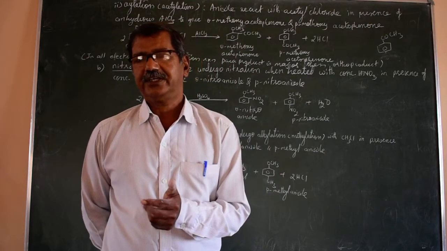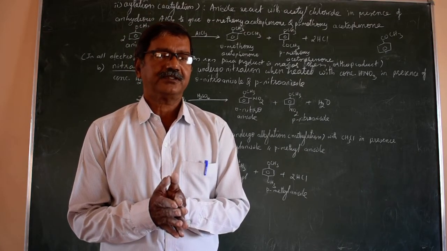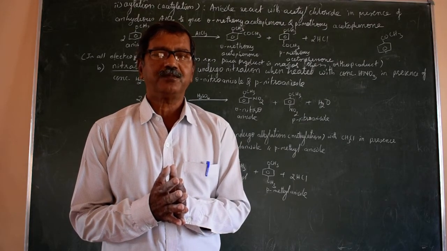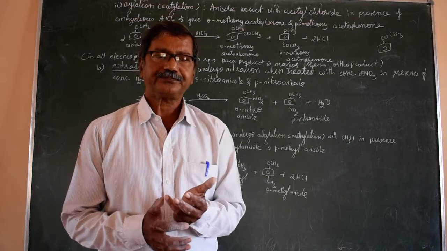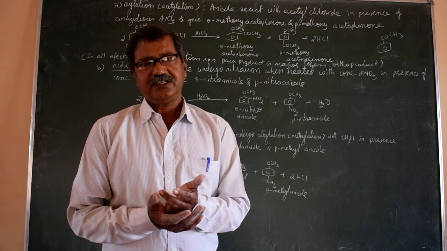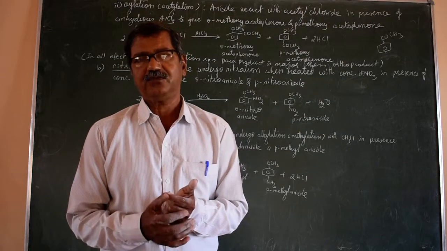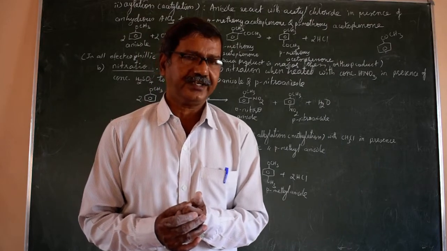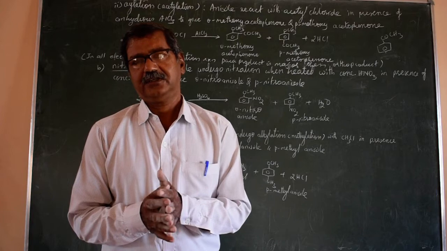All these reactions are important. Afterwards, in properties, reactions involving cleavage of the OH bond: reaction with sodium, then esterification with carboxylic acid in presence of concentrated H2SO4, then acylation, and reaction with acetic anhydride. All these reactions are important.